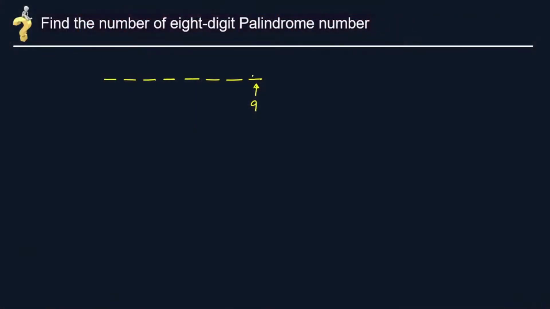Okay, so if this place is filled in 9 different ways, obviously this first place will be filled in only one way. Can you tell me why? Because whatever number you are putting at last, the same digit you have to put at first. Because again, it's a palindrome number.